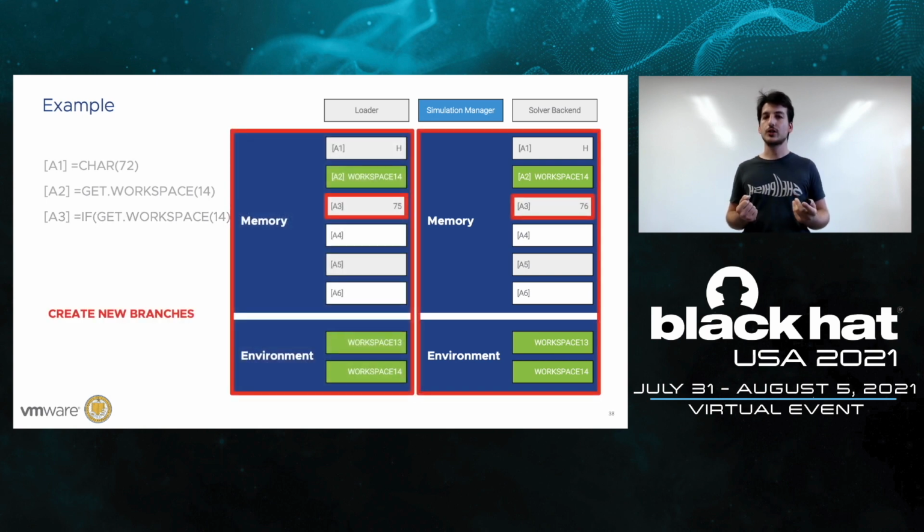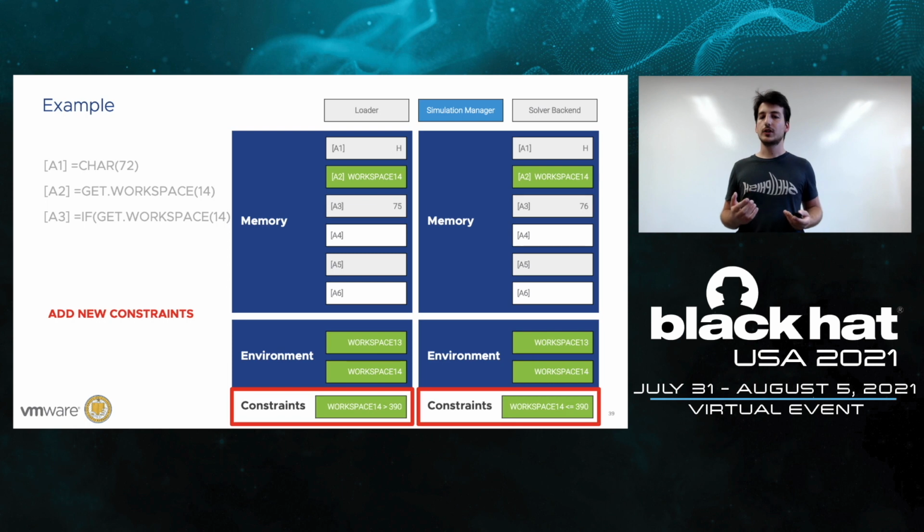And thus we generate two branches, write the correct values to the correct cells, so 75 and 76 to the cell A3 in the two branches, and finally generate and add the correct constraints to the two states. We will add the constraint workspace14 greater than 390 to the true branch, and workspace14 less or equal than 390 to the false branch, and then continue with the symbolic execution.